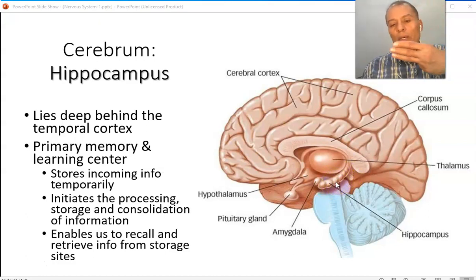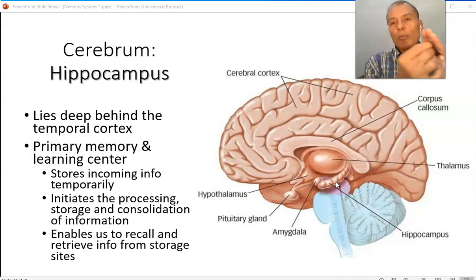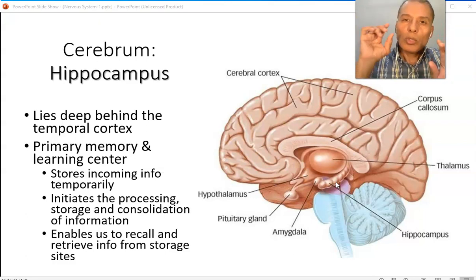The temporal cortex has 3 gyri: superior, middle, and inferior temporal gyrus. There are auditory centers here, and inside you have the hippocampus. So the communication between the auditory areas and the hippocampus enables you to connect words with their meaning.